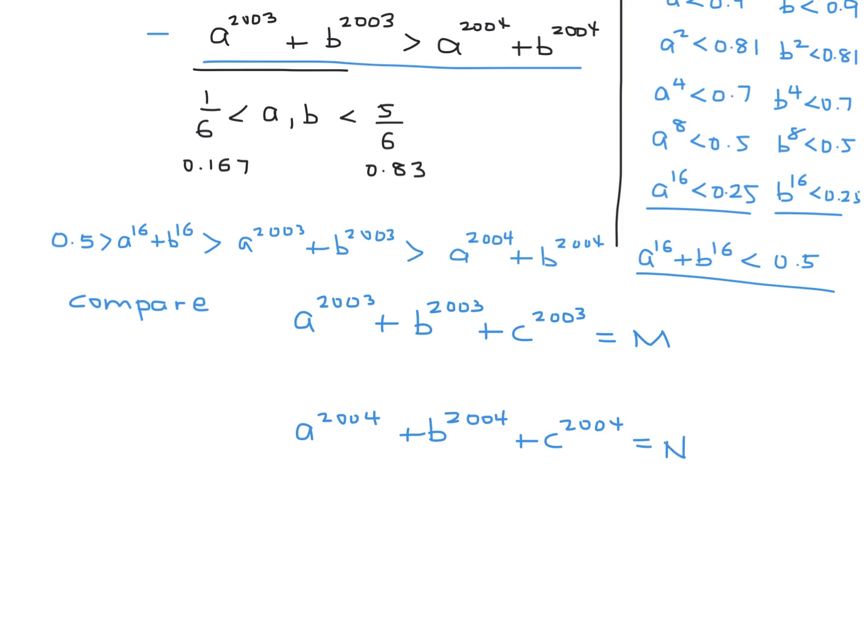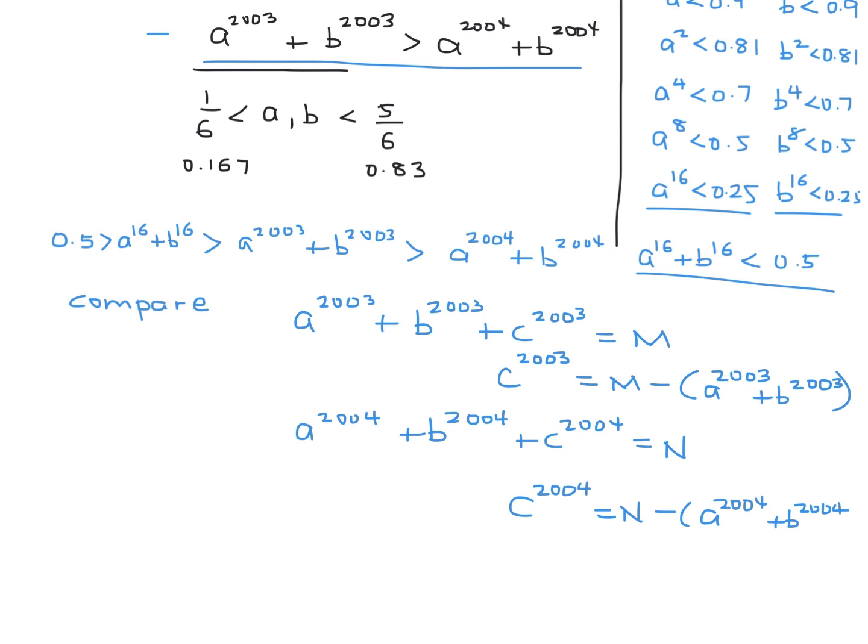All right. Now, from the first one, let's isolate for c to the power of 2003. This is going to be m minus a to the power of 2003 plus b to the power of 2003. And then this is c to the power of 2004, which is n minus a to the power of 2004 plus b to the power of 2004, like that. Correct? Okay, so far so good.